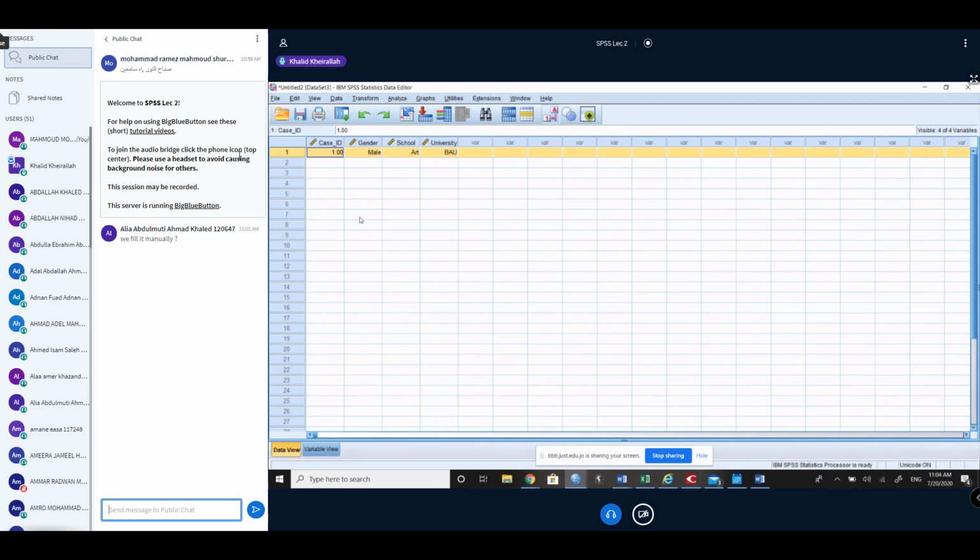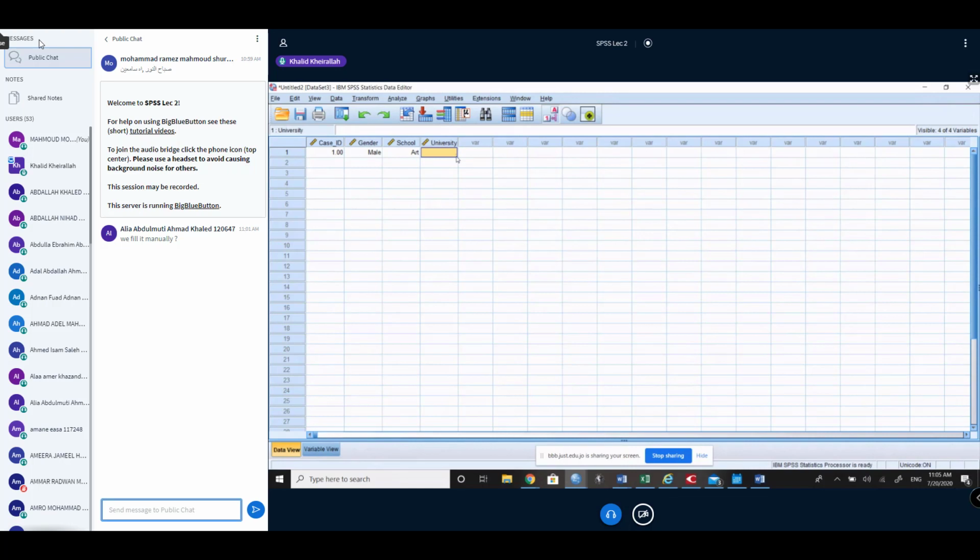So we start with an empty sheet in SPSS and we try to do the data entry. Now sometimes there's a variable that somebody didn't fill, or somebody missed the question of age, for example, or somebody missed the question of university. As you can see, the university here will be missing.